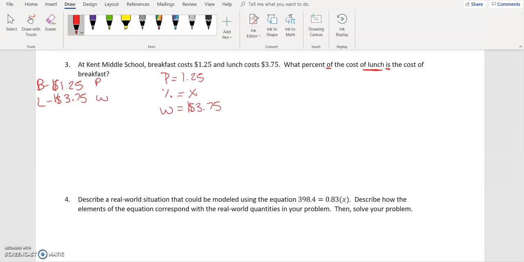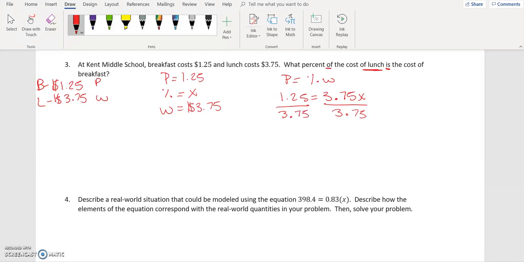Okay, so equation, P is equal to the percent times the whole. $1.25 is equal to the percent, which we don't know, times $3.75. Correct order, divide both sides by $3.75.